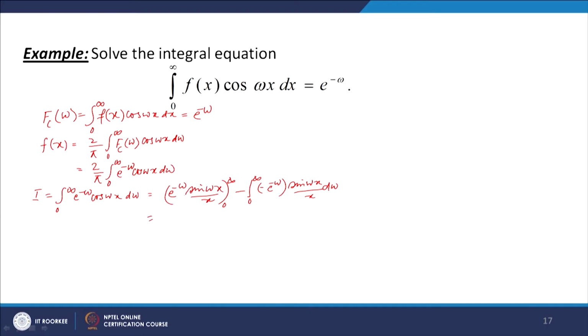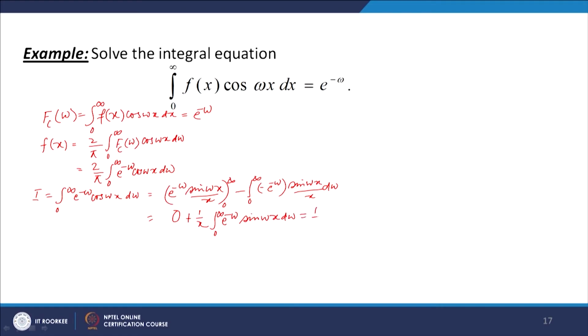So when omega goes to infinity, e to the power minus omega goes to 0, while sin omega x is a bounded function and therefore the product goes to 0, and when omega is 0, sin omega x is 0, so the first expression becomes 0. This minus becomes plus, and when we write 1 over x outside, we have 0 to infinity e to the power minus omega sin omega x d omega.